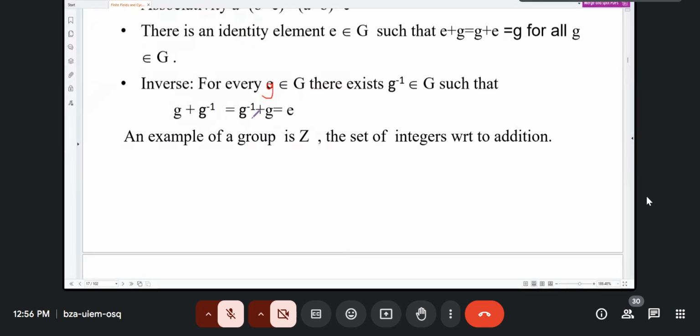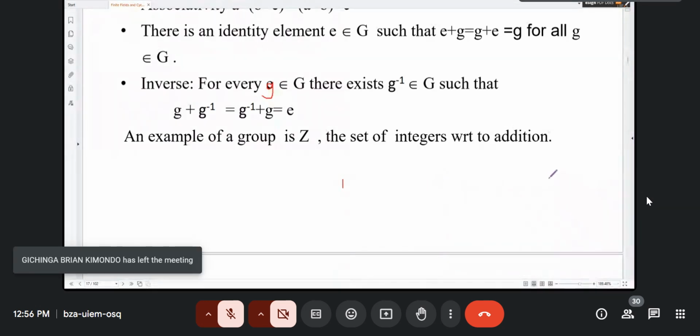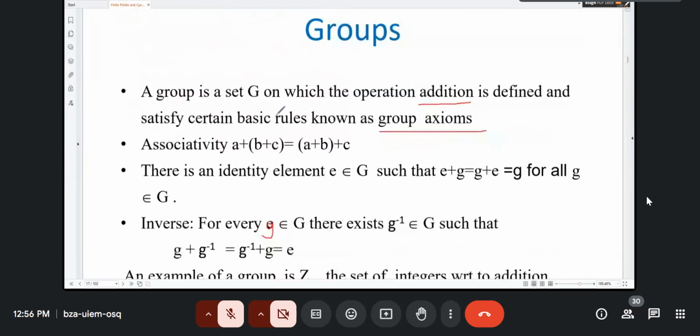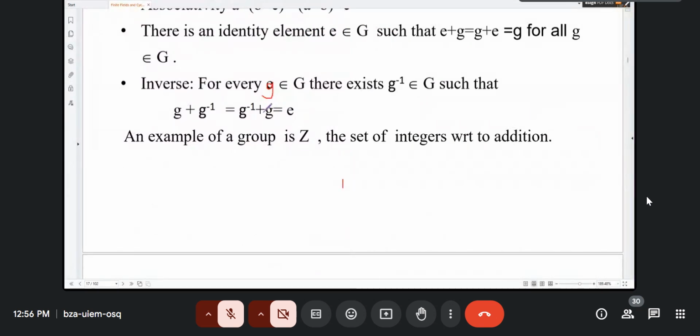There's no other number you can add to another number in that set to get 0. If they are the positive integers, 1, 2 to infinity, there is no way you can add two numbers greater than 0 to get a number equal to 0. So that will not constitute a group.